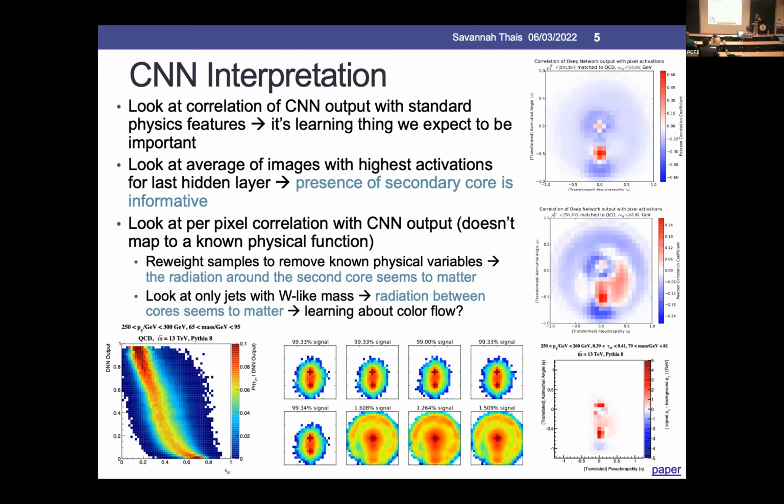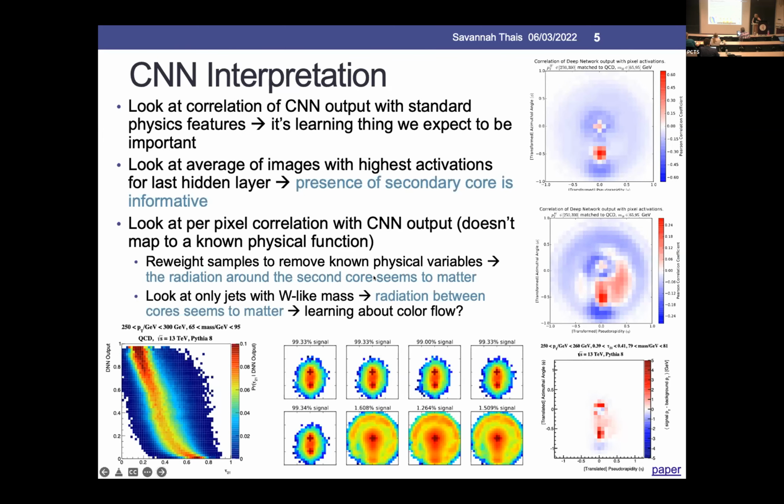For instance, you can look at the correlation of the network output with standard physics features to say, is it learning things that we expect to be important about jets? You can look at average images with highest activations for the last hidden layer and look at the differences between, I think, QCD versus top jet tagging in this paper.